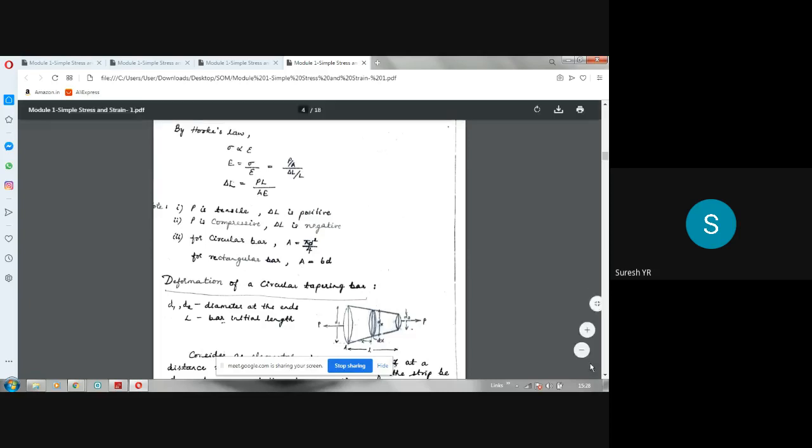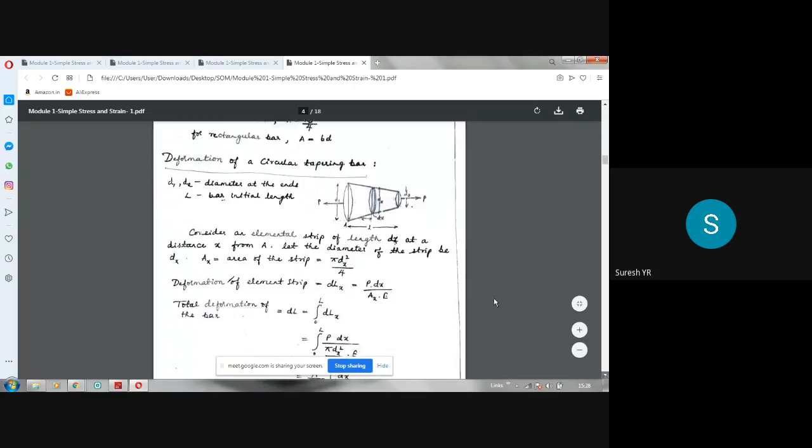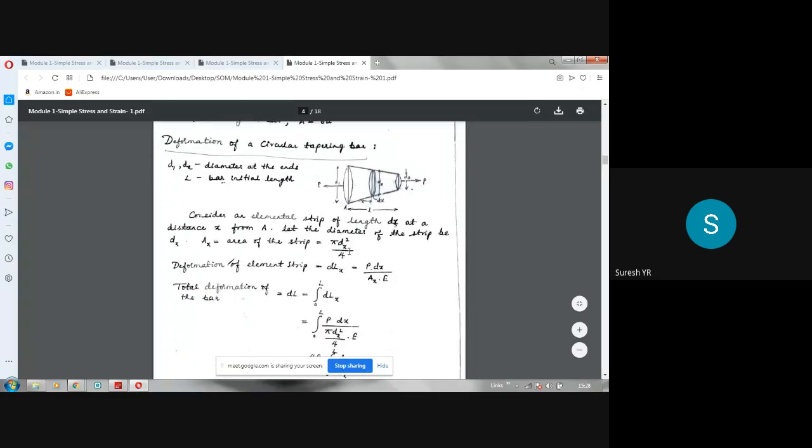Then one more derivation we have done is for deformation of a circular tapering bar. Circular tapering bar means the diameter of the bar varies gradually like this. Either it may increase or decrease. D1 and D2 are the diameters of the two ends. L is the length of the bar.